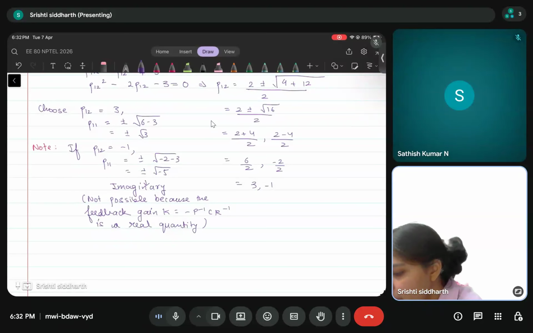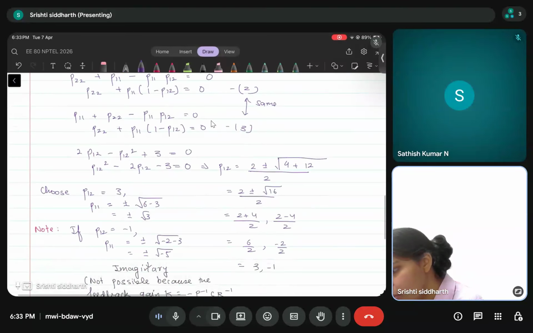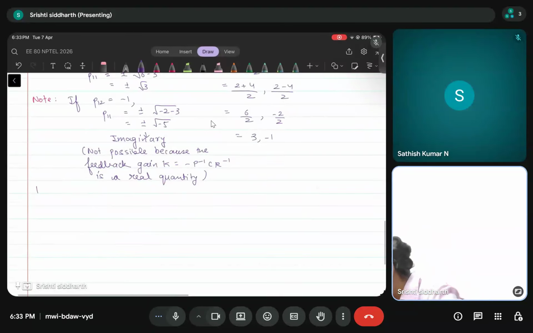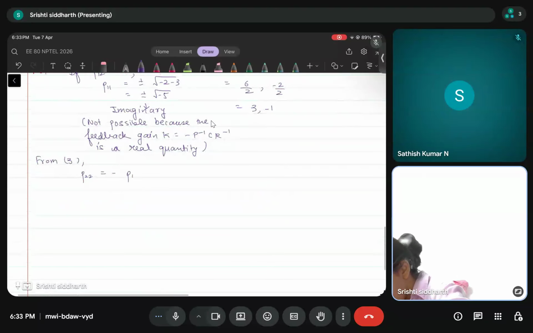All right, so we have p12, p11, and I think we have p22, right? From 3, p22 is minus of p11 minus p12.